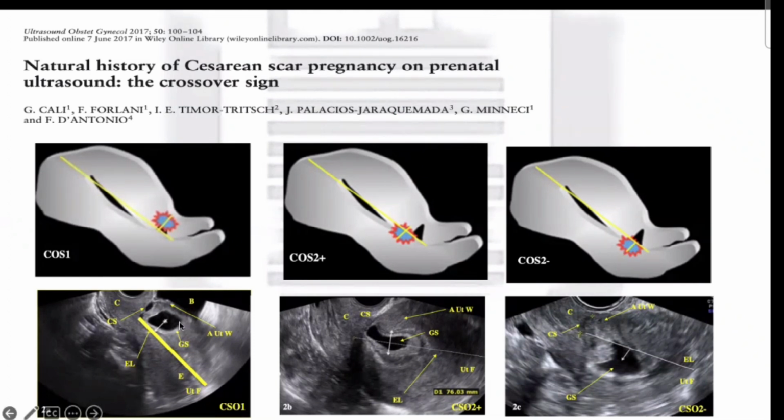Either it goes inside and protrudes outside the uterus to the serosa, or it goes up and protrudes inside the cavity, or it can grow inside the cervix or the lower segment of the uterus.